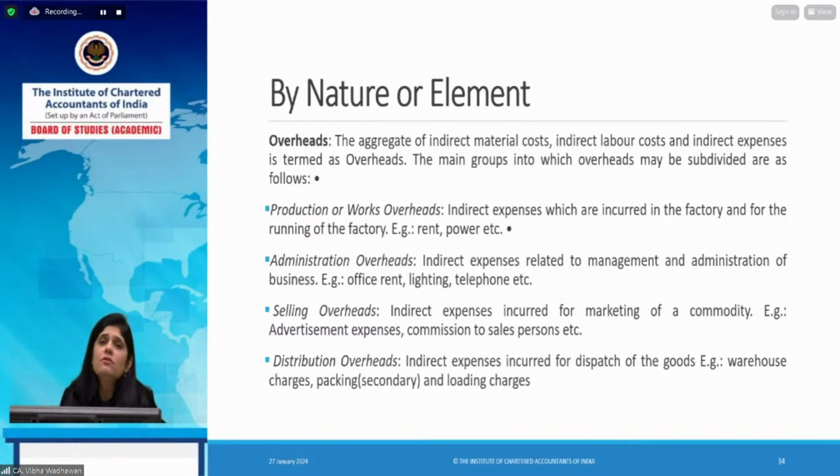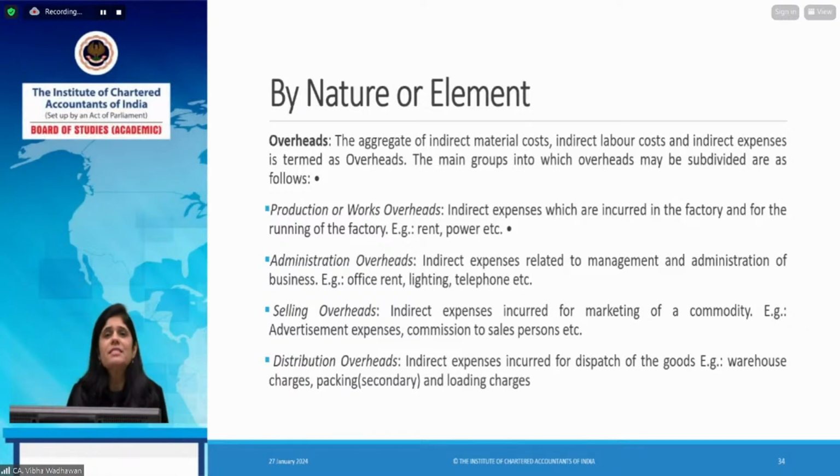Whatever is used in administration, general department, office area is called administration overhead, because all these are indirect. Selling, which are used for marketing of products, all right, advertising, promotion expenses, commission, all these are selling expenses. Distribution are relating to logistics, transport, packing, warehousing, godown charges. They all are distribution overhead. See, all these are indirect.